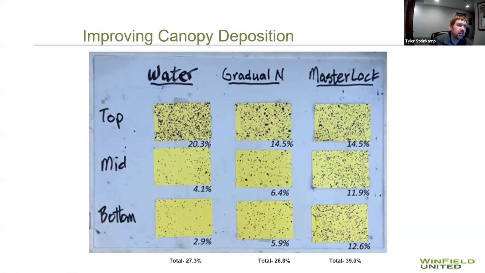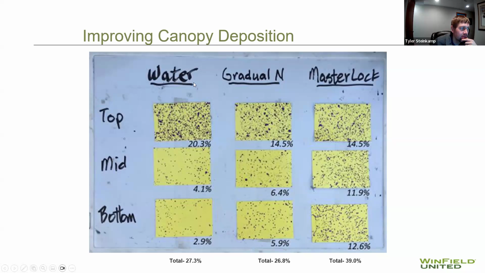The difference, though, guys, is Gradual N, Coron, SRN25B, will not affect droplet size. And because of that, yes, we get better canopy penetration, but we do not get better coverage. And you can see that here in the totals in the bottom.